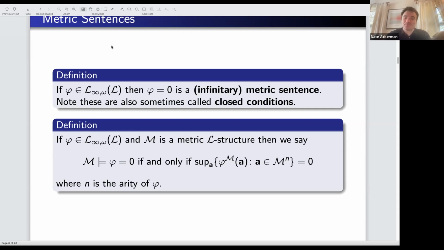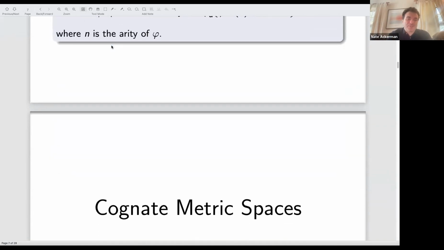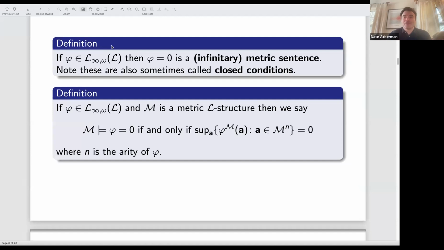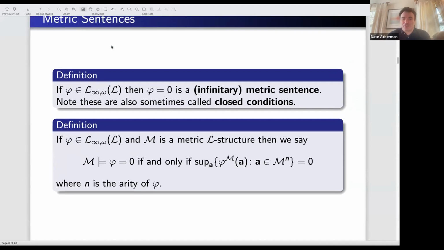Okay, so now that we have metric sentences, we have a semantics of metric structures. We have the structures, we have the language, and we have formulas, and we have a way to interpret every single formula inside the structure.